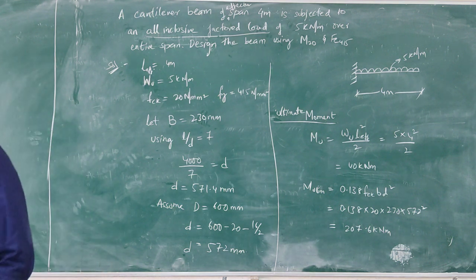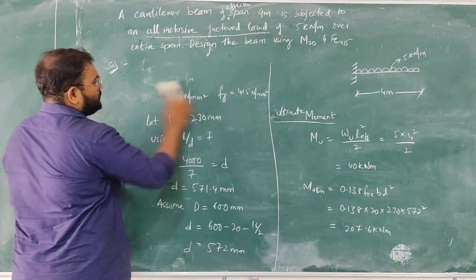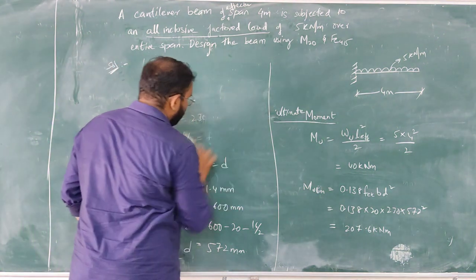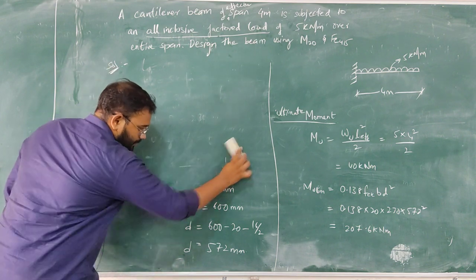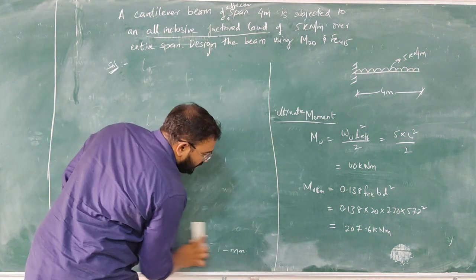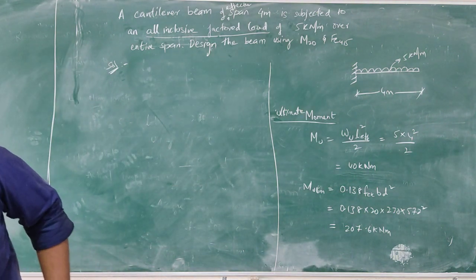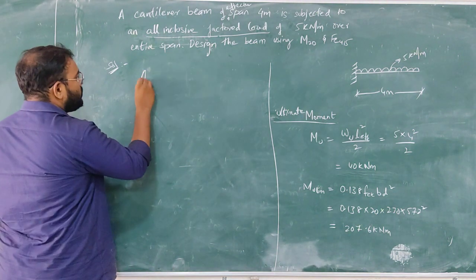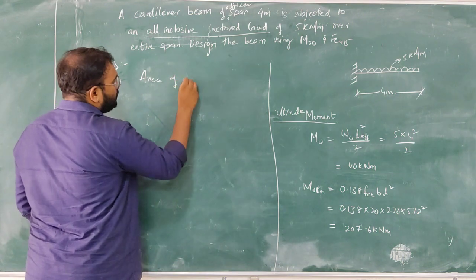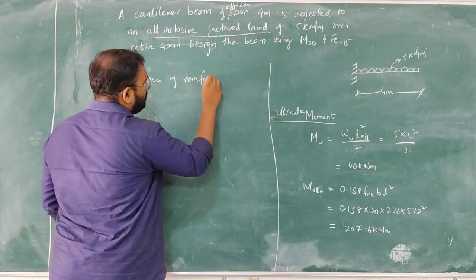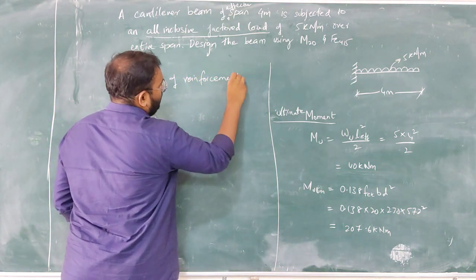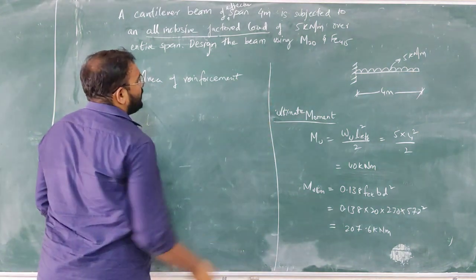Now what is your next step? Xu max is not required. So directly use the formula. Next is you need to calculate area of reinforcement required. Okay, area of reinforcement required.